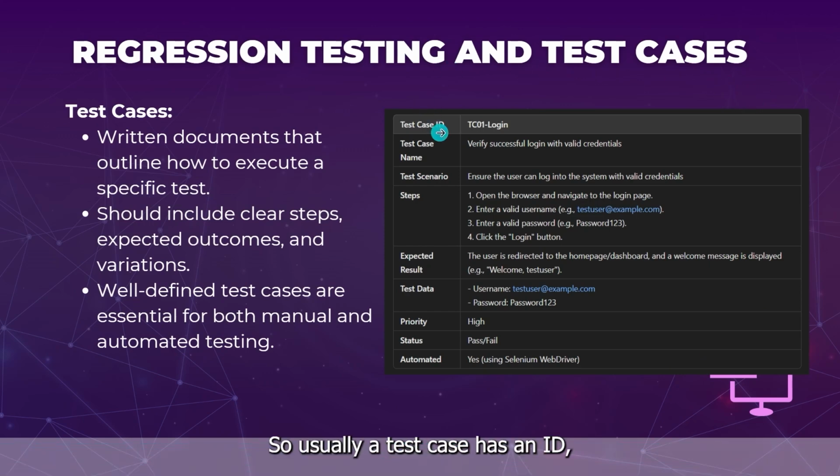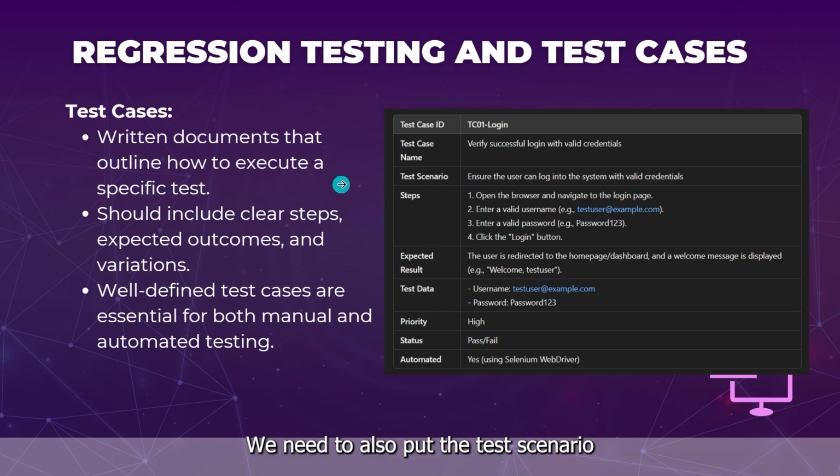Usually a test case has an ID, so the testers and the development team can identify what test it is. It also has to have a name for more identification and to label what that test is for.